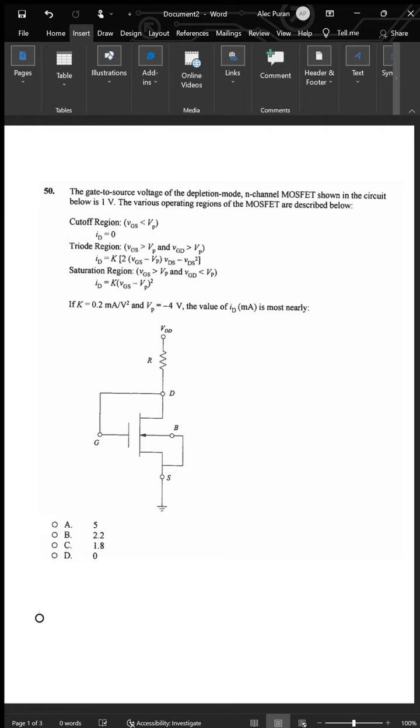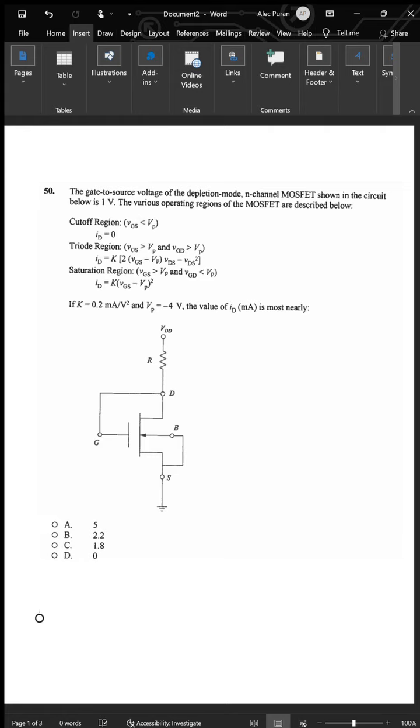So we've learned before that there's the cutoff region, triode region, and saturation region. And each of these regions have a different way of calculating the drain current given the relationship between the gate to source voltage and the pinch-off voltage, and in some cases, the gate to drain voltage and the pinch-off voltage.